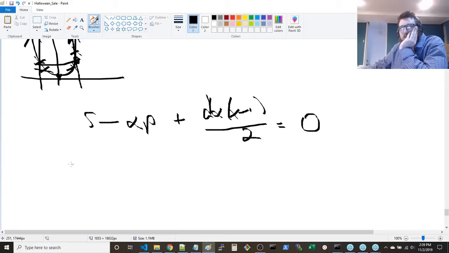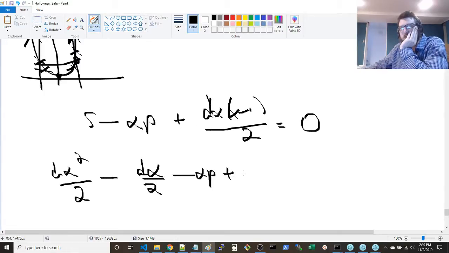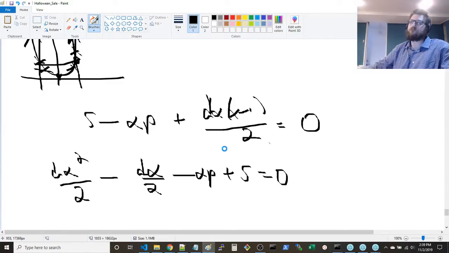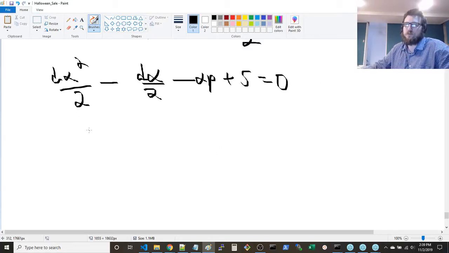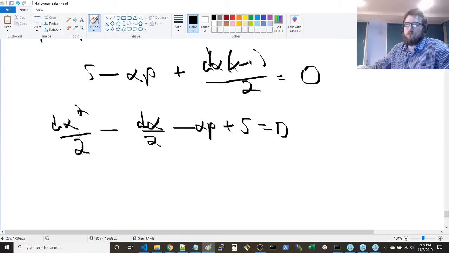This gives us D alpha squared over 2 minus D alpha over 2 minus alpha P plus S equals 0. And now you can multiply through by 2.